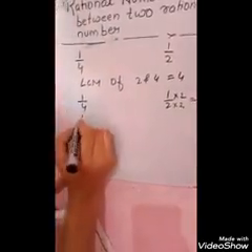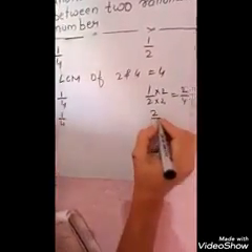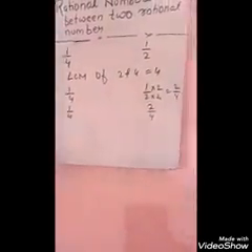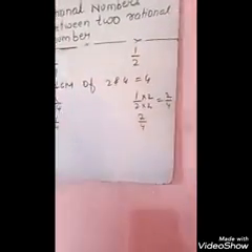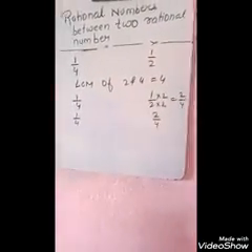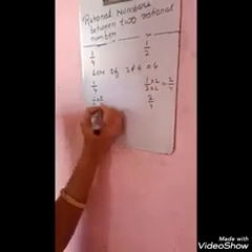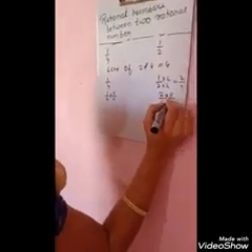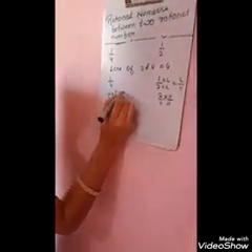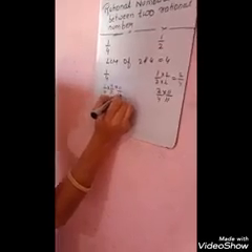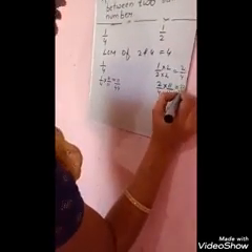Now see student, between 1 by 4 and 2 by 4 you are unable to take out 10 rational numbers. So for that you can opt for one more step. We have to find 10 rational numbers, so we will multiply by 11 on both sides. So it will be 11 by 44, and this is 22 by 44.